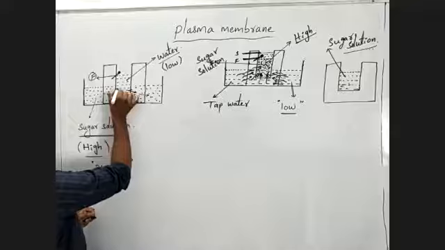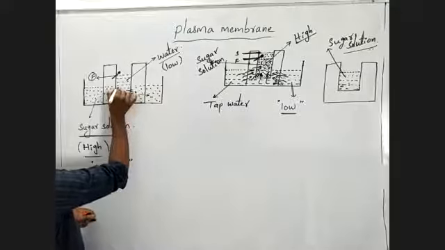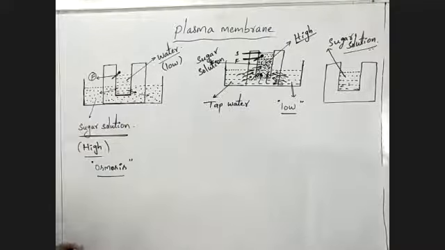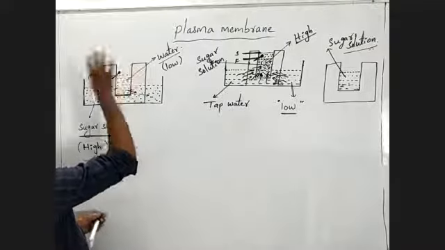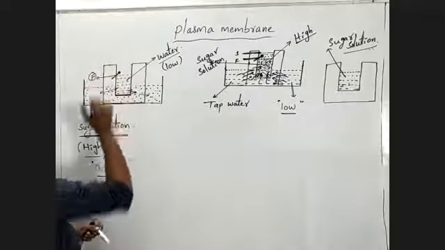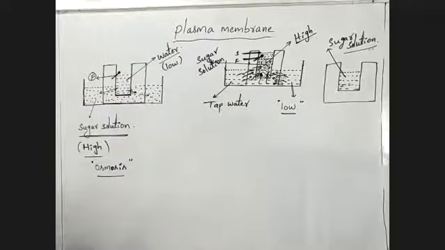Whenever water molecules move from the water present in the cup of the potato, the level of the water in the cup is decreased. Understanding? Level decreases.